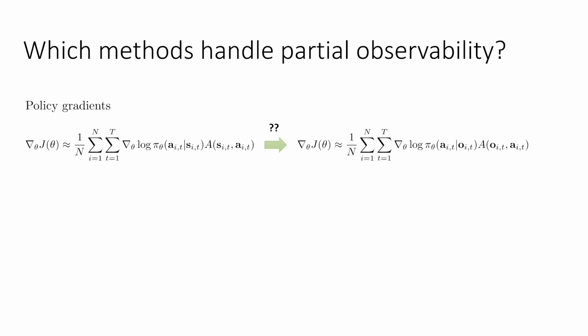Well, let's start our conversation by talking about policy gradients. It's very tempting to just say, well, if we want a policy that takes in the observation and outputs the action, let's use the same grad log pi equation and just naively swap out S for O. Is this correct? Well, interestingly enough, our derivation of the policy gradient, going back to the beginning of the course, never actually assumed the Markov property.